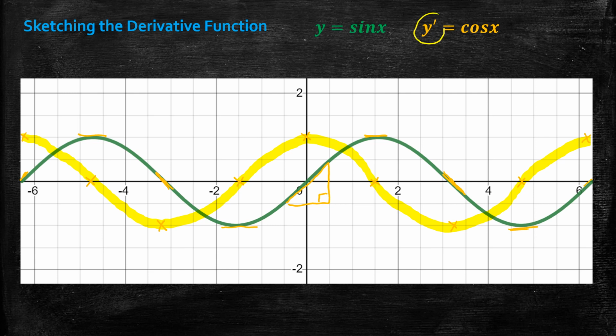Notice that I changed the notation slightly. Instead of writing dy by dx, I used y prime. In the same way that if the function is f, the derivative is f prime, you can also use y prime as an abbreviation.